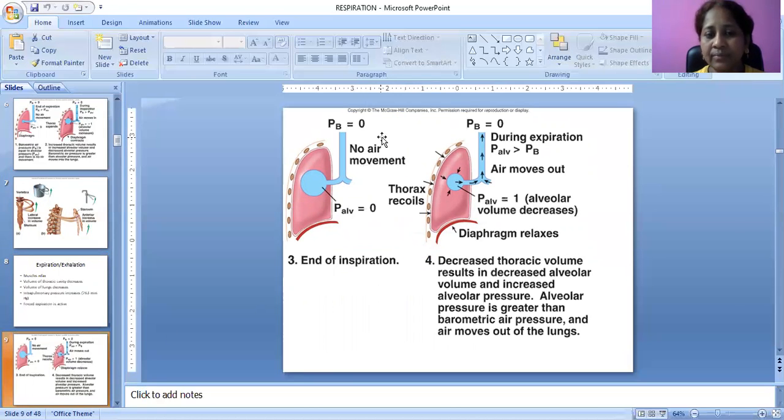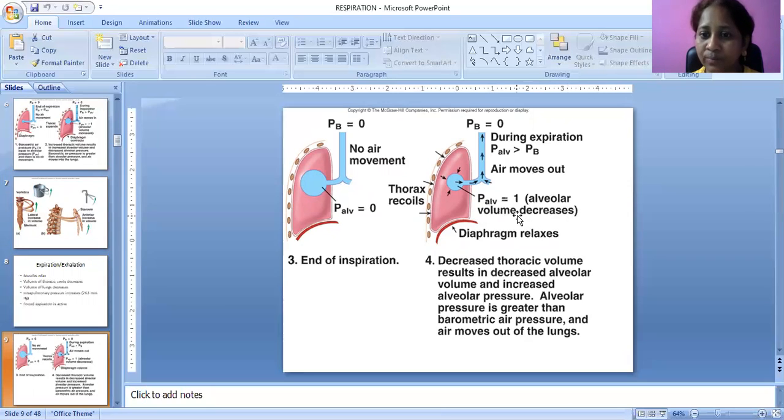Here, PB is again 0, no air movement, and the pressure of the alveoli is also 0. PB is equal to 0 during expiration. It will be reversed in expiration. Here, the pressure of the alveoli will be greater than barometric pressure, so the pressure of the alveoli is equal to 1.